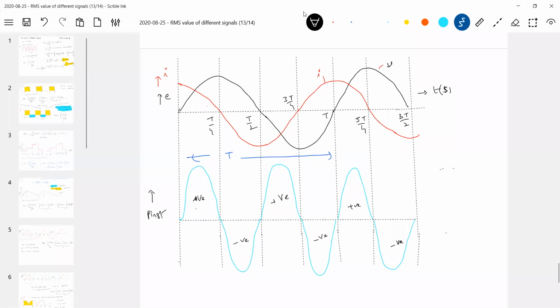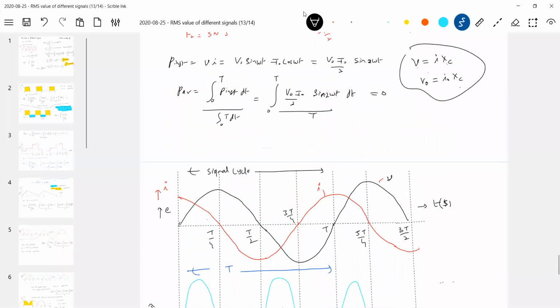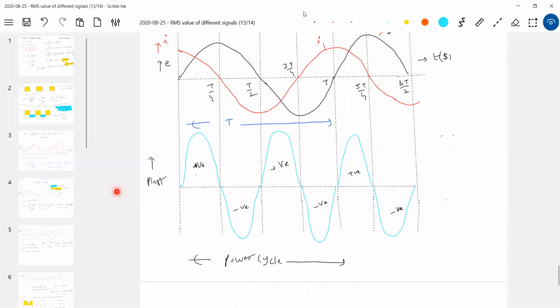This is one power cycle, and this is the signal cycle. Signal means applied voltage. By the time the signal completes one cycle, the power cycle completes 2 cycles. So sine 2 omega t is there. You see this one, 2 omega. This is only omega.